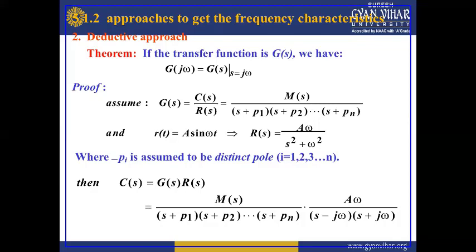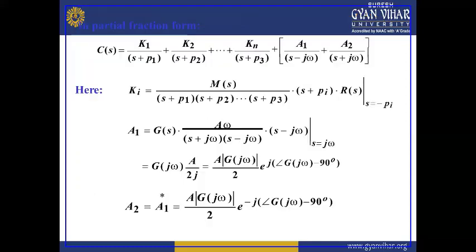So if we write the output equation for this, I will get G(s)R(s), which is equal to M(s) upon (s+p1)(s+p2) and so on till (s+pn), into the input, that is ω upon s² + ω². In partial fraction form, we can divide the complete output using the partial fraction method.